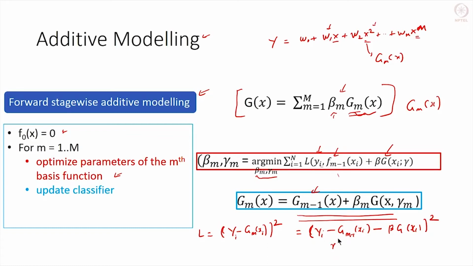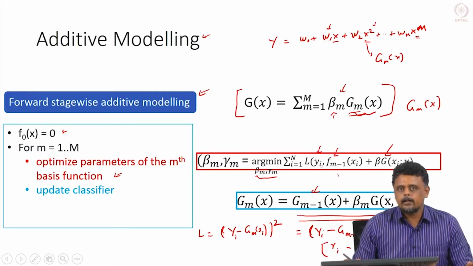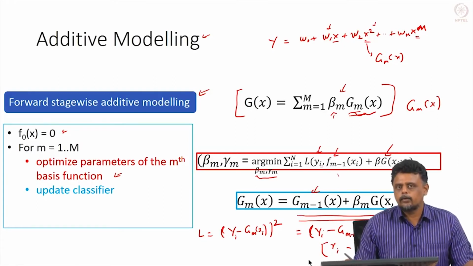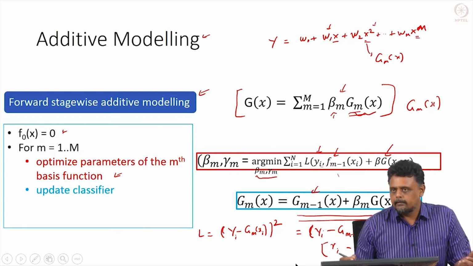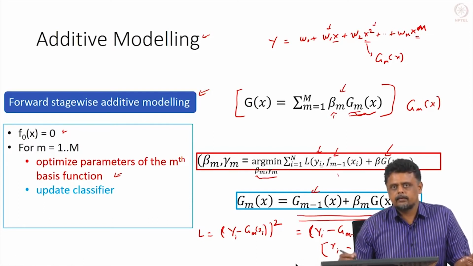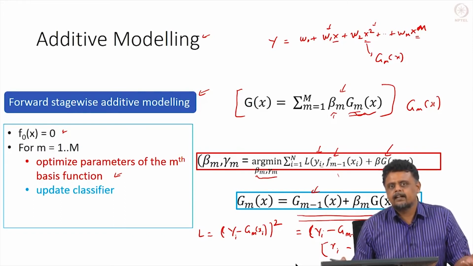So, here we can just call it r_i minus beta g of x_i, squared. Okay. So, if you use a least squares cost function, what you will end up doing is you will fit a particular regression algorithm, a machine learning algorithm to it, let us say a regression tree.